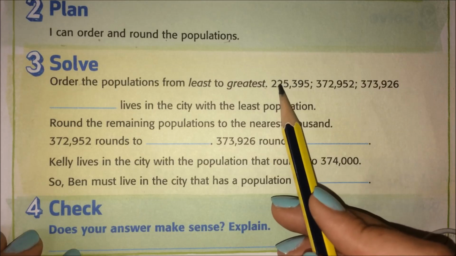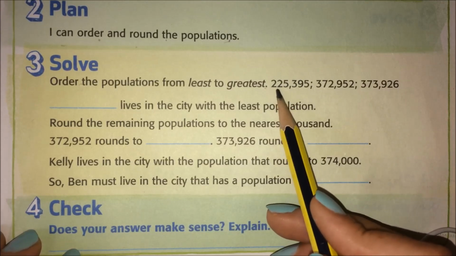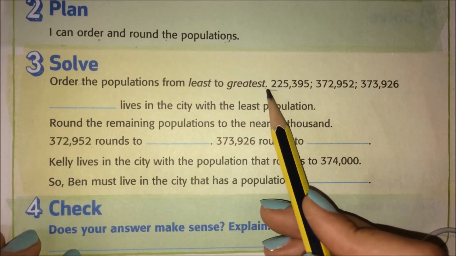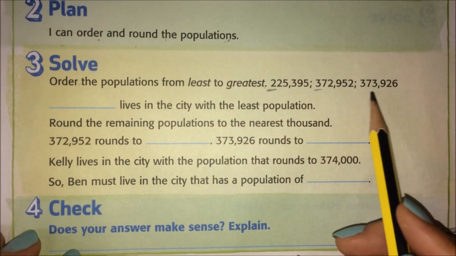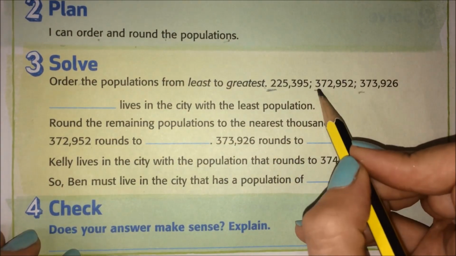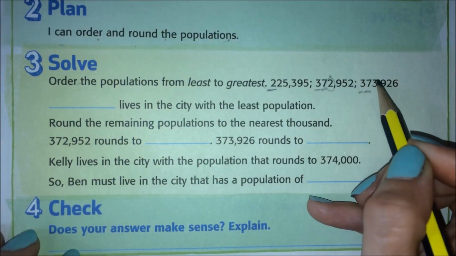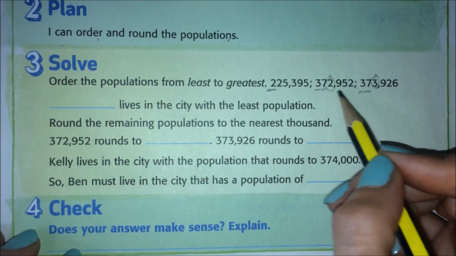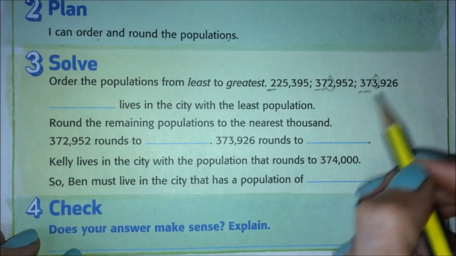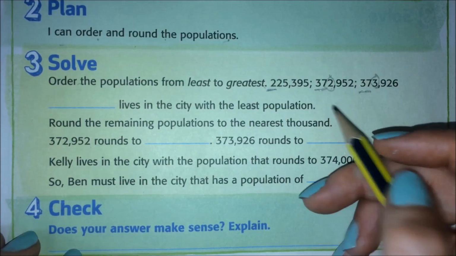Okay, now they've already done this for us. How nice of them. Okay, so this is least, small, right? And these ones we had to compare. They both have a 3, so we had to look at the 7. They both have 7, so we had to look at the 2 and the 3 in the thousands place, and 2 is smaller. So they've put them in order for us.